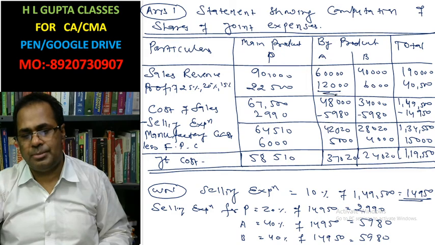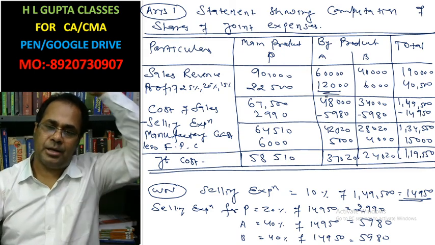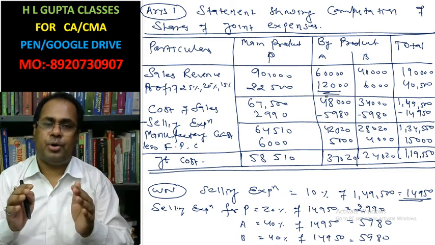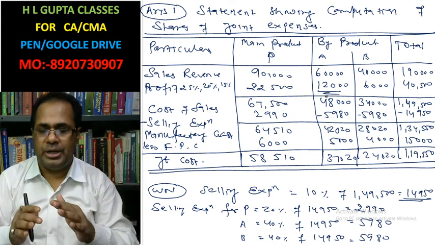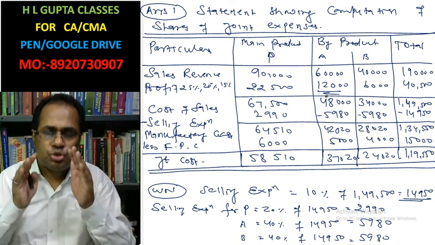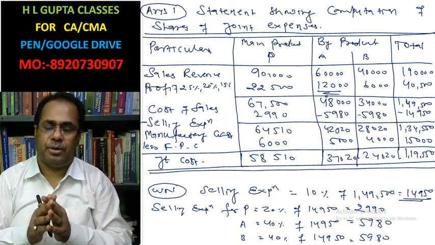Now which one is higher? The profit is higher when product A is sold at the split-off point. That's why product A should be sold at the split-off point.